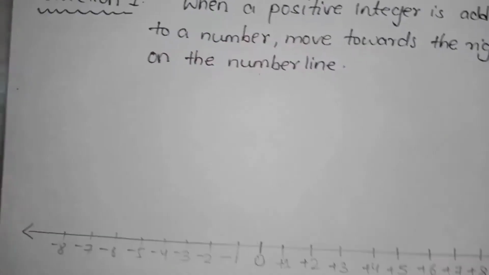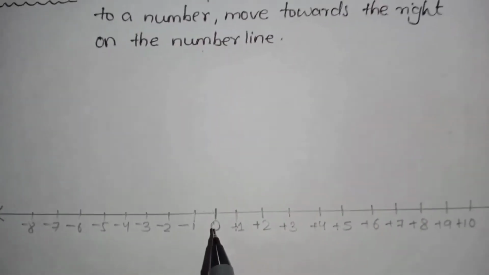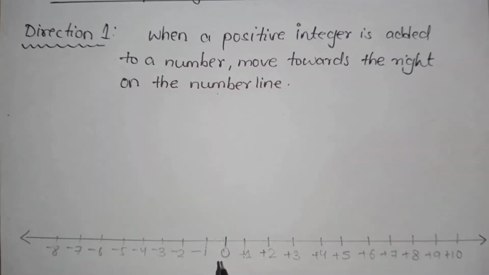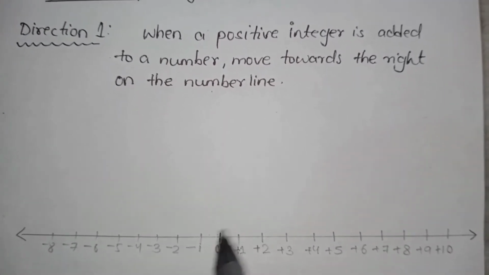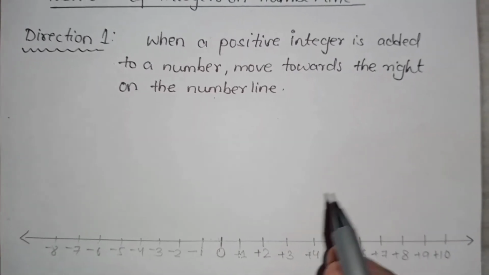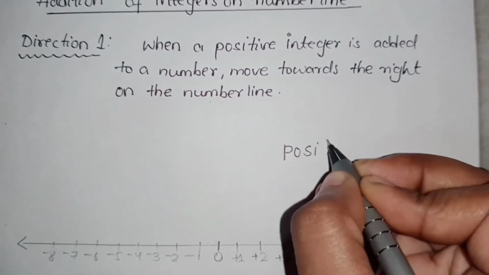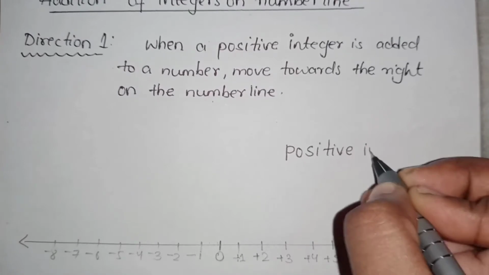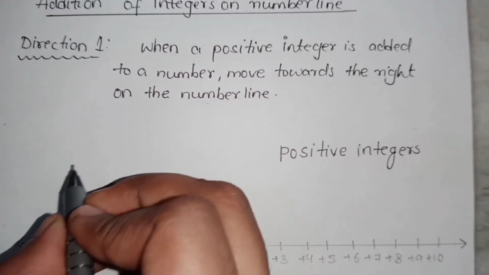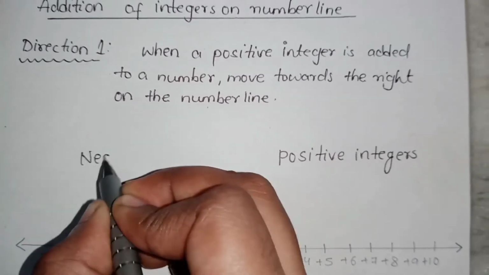You can see that I have already made the number line. This is 0. 0 is neither a positive nor a negative integer. To the right hand side of the 0, there are positive integers, and to the left hand side, there are negative integers.